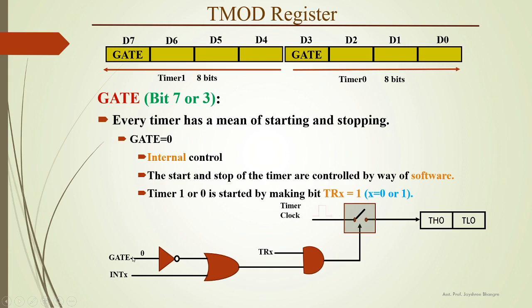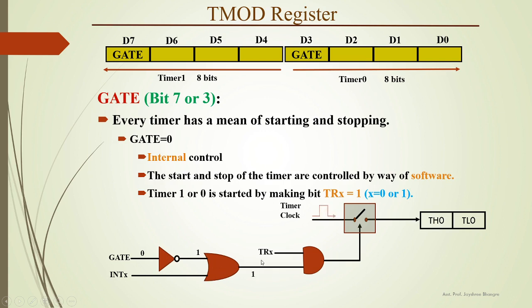So here this is the gate pin, that is input to the NOT gate. If this pin is 0, then the output of this NOT gate will be 1. This is nothing but the logical OR gate, and we know that if any input of an OR gate is 1, then its output will be 1.